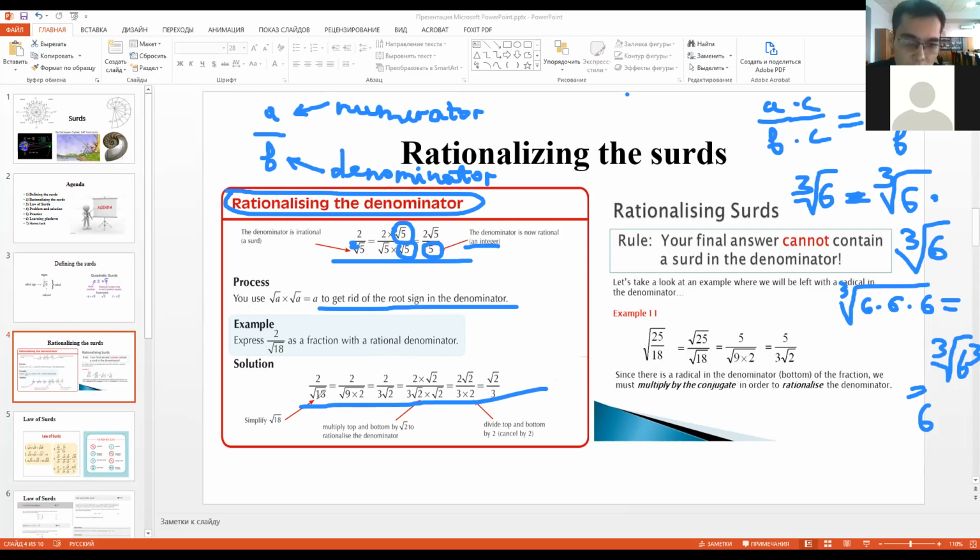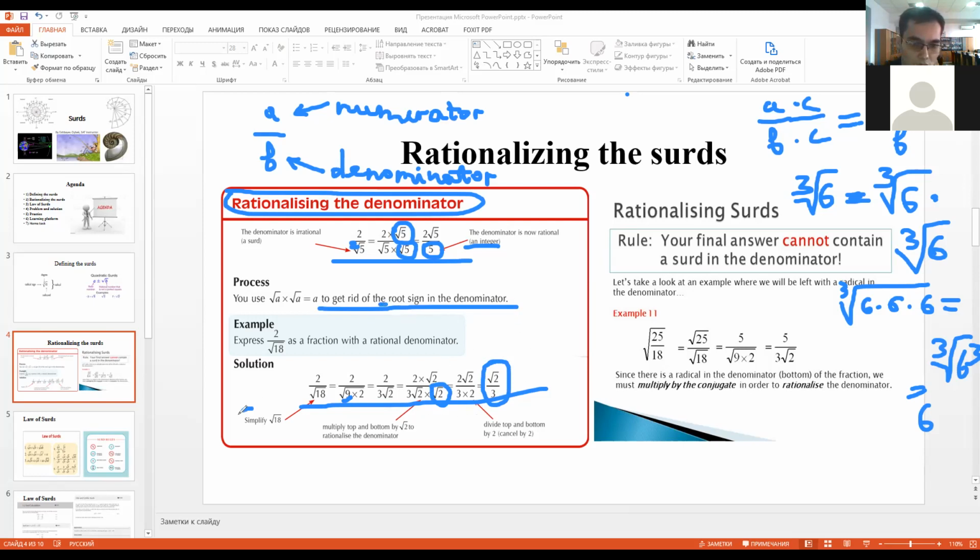So here's 18. 18 is 9 multiplied by 2. You know, 9 is the square of 3. That's why you can take the 3 out of the root. You can see, and then you can multiply the same surd, I mean the quadratic surd with radicand 2, and you can get rid of the root sign from the denominator.